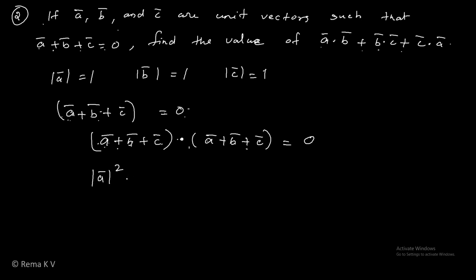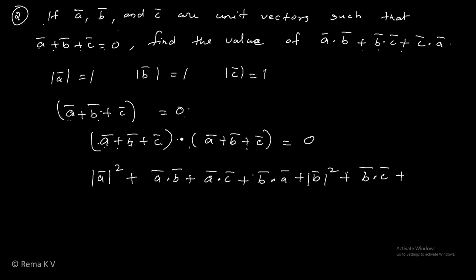Then A dot B plus A dot C, plus multiplying with the second vector, B dot A plus B dot B is modulus of vector B square, then plus B dot C, plus the third vector is C dot A plus C dot B plus C dot C gives modulus of vector C square. This is equal to 0.